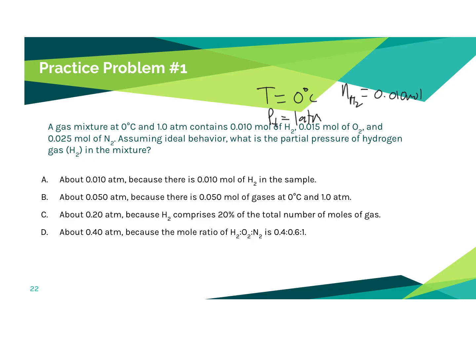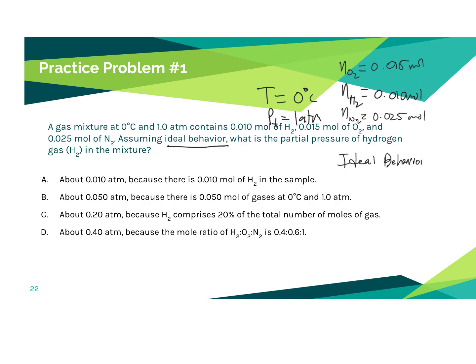We have 0.015 moles of O2, and so N of O2 is equal to 0.015 moles, and we have 0.025 moles of N2. N2 equals 0.025 moles.